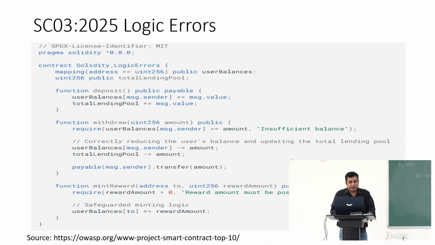So how can you solve this error? Whenever the smart contract is withdrawing the balance, the user balance is getting updated. At the same time, the same amount that you have withdrawn should also be deducted from the total lending pool, so that imbalance will not occur.